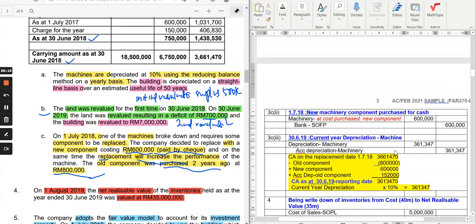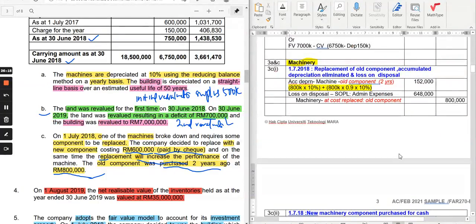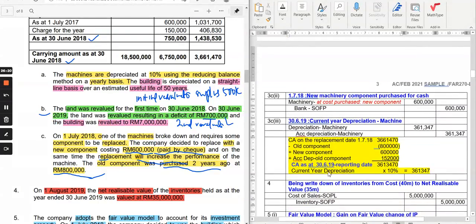So if you do that, you will see that the carrying amount of the machine would be 3,613,470, and therefore you'll be calculating your depreciation, and you'll multiply it with 10%, and that one would be 361,347.